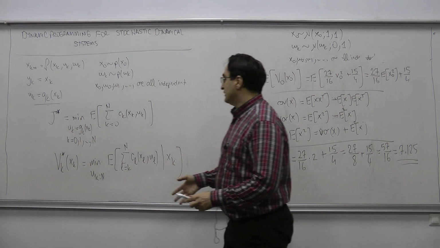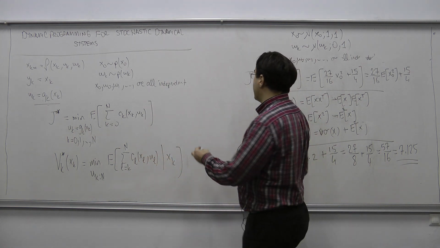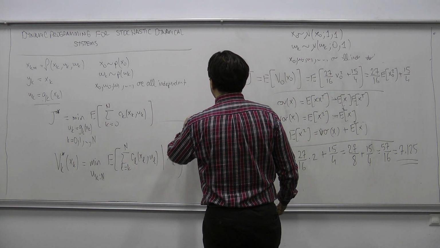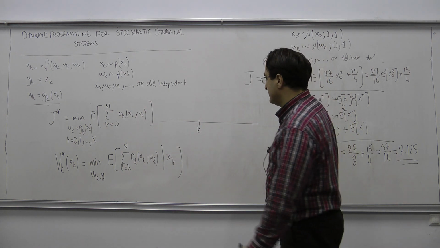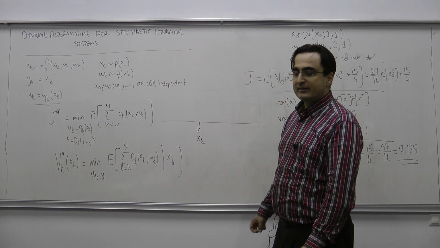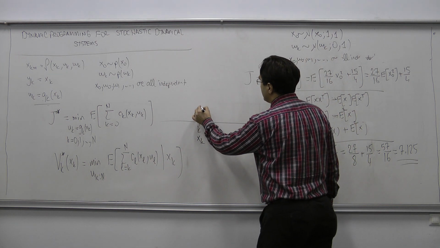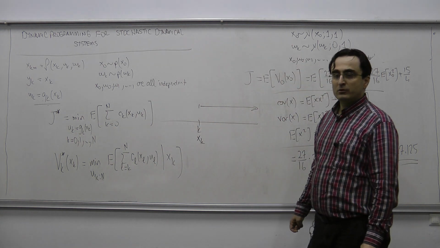And this is the optimal cost that you would obtain in time if you start your optimization at time k, and if you set the state at xk, this is the optimization of the future input values. Okay?